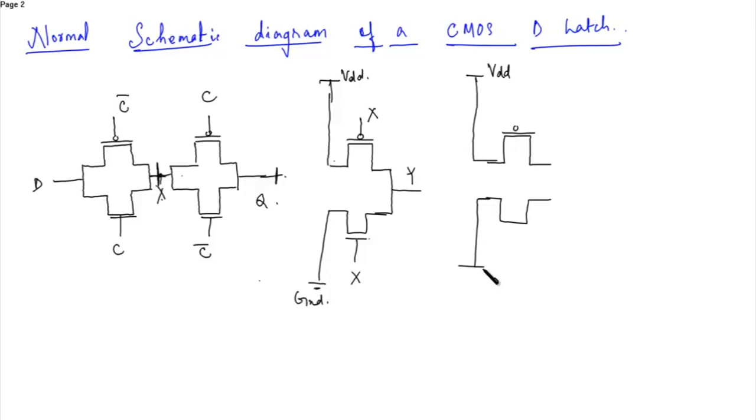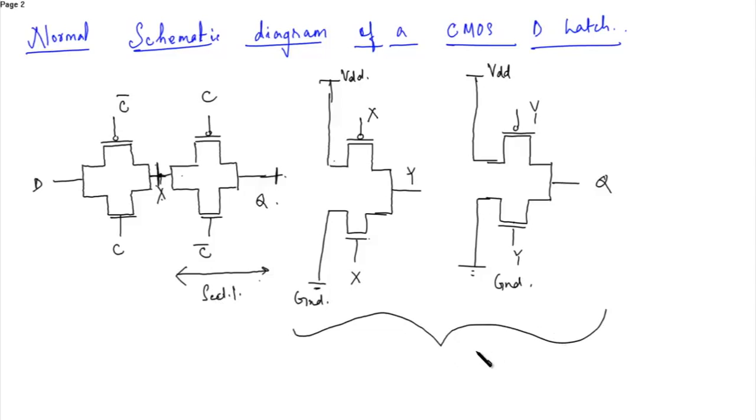This is connected to ground. This is Y. This is Y. And this is the final output, that is Q. So a section that is present between these two, let's say section 1, is shown over here.